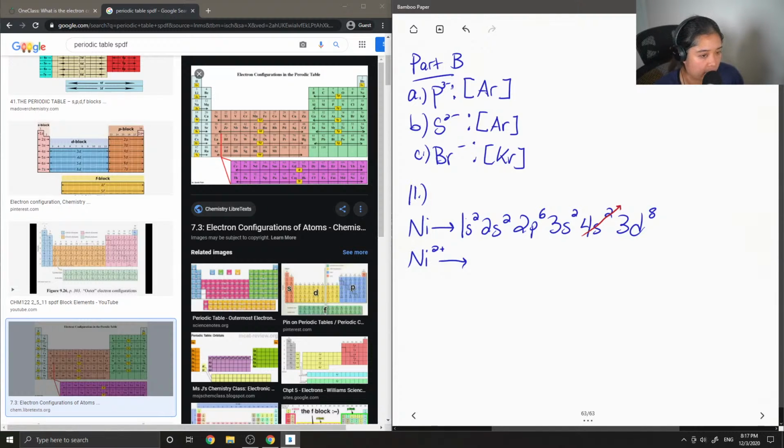So I'm going to say that since partially filled orbitals are more stable, partially filled d orbitals, I'll say.